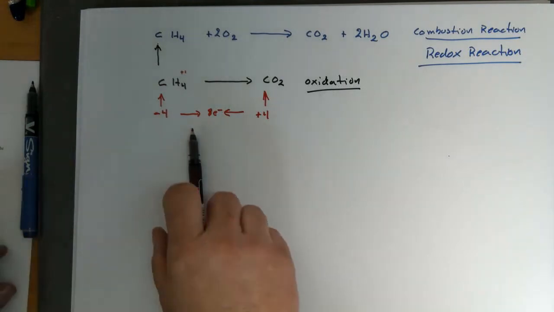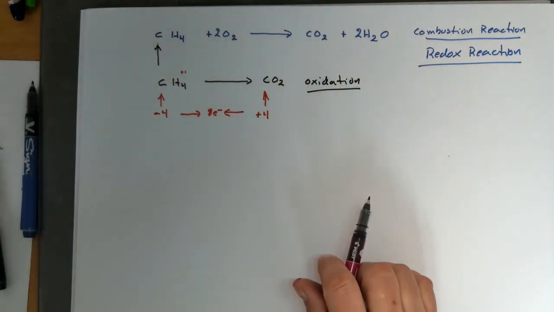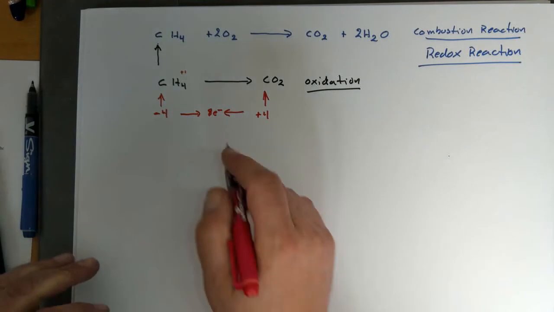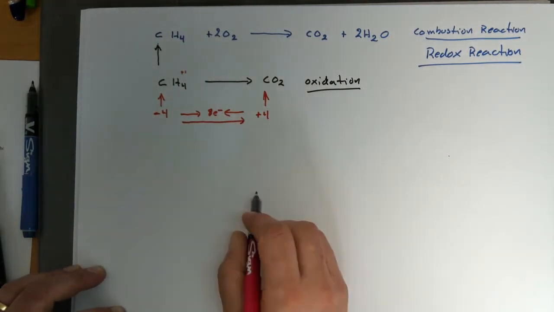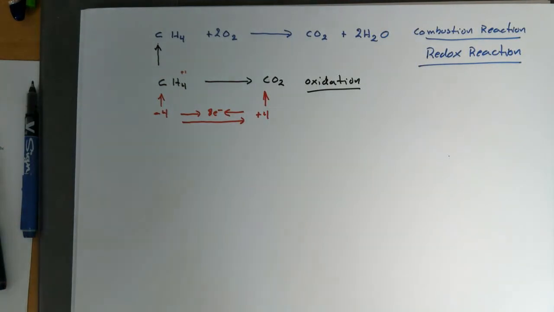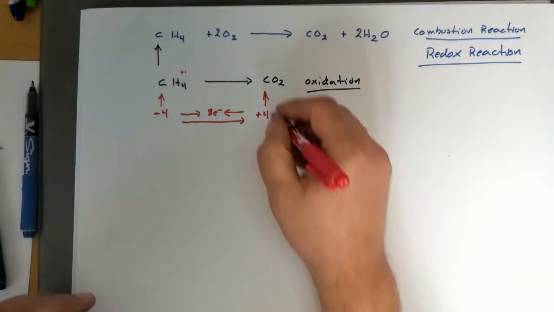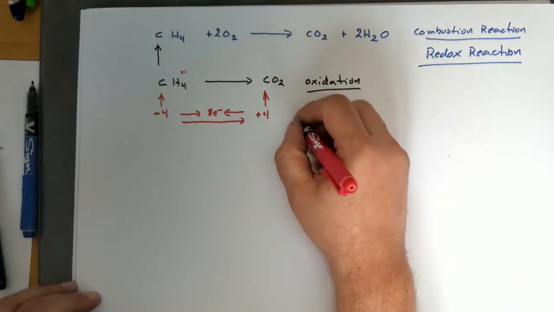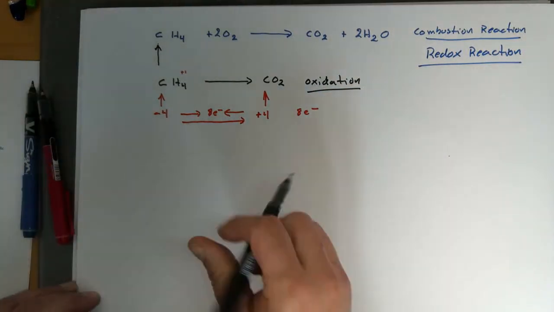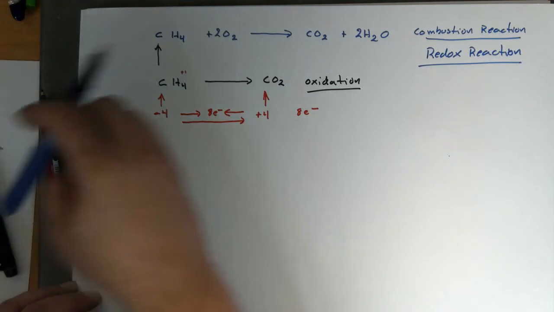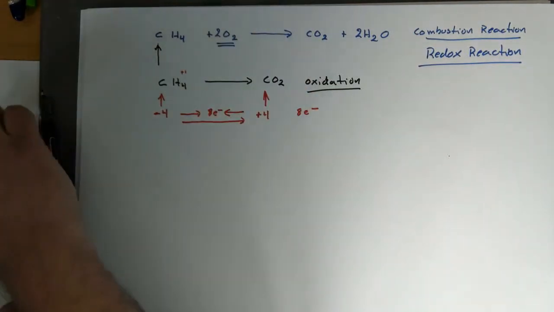And an oxidation is a loss. So we can actually then determine that the direction of the electron flow is this direction. But where do those electrons go? So we have 8 electrons that have moved around. Then we have to look at the other part of this chemical reaction. And the other part is then the O2.